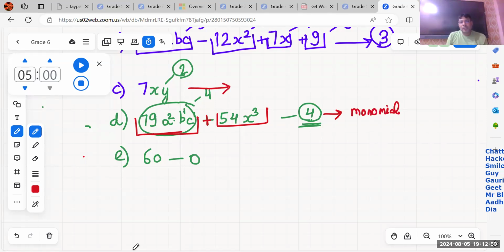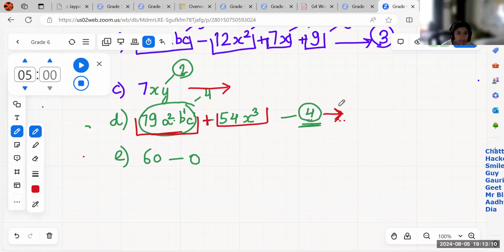Yes, Gaurish. What is this C part? What did you say for this one? D part? Diya, for me, monomial. How is it monomial? This is a plus sign.